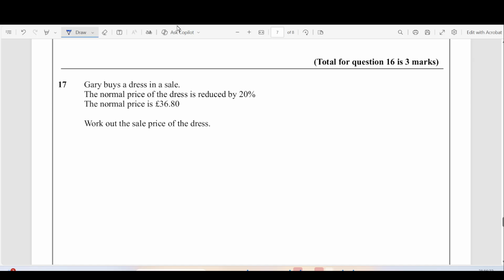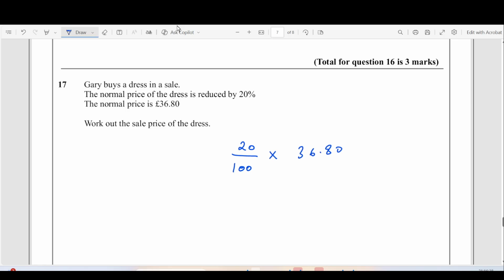So first we calculate the reduction amount. It says the reduction of 20% of the normal price. The normal price is 36.80, right? So we find 20%, which is 20 over 100 of 36.80. 20% is 0.20, right? If we divide, we get 0.20.